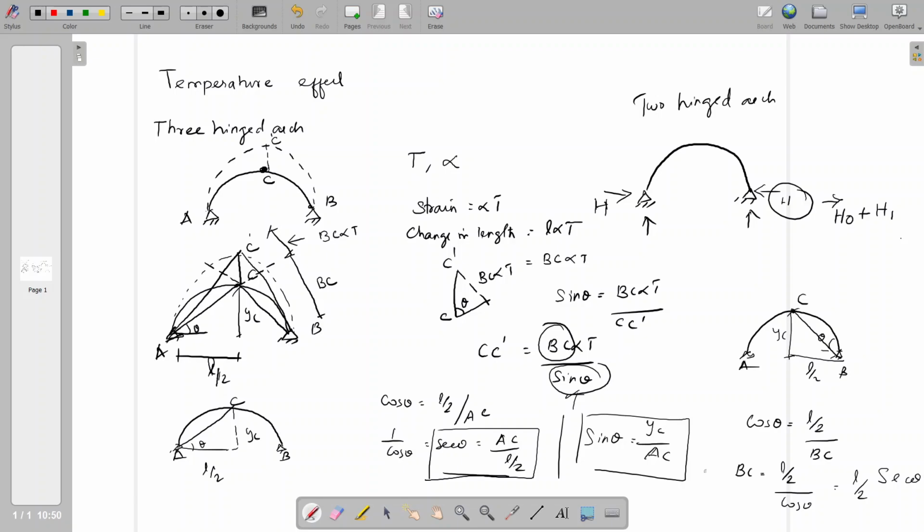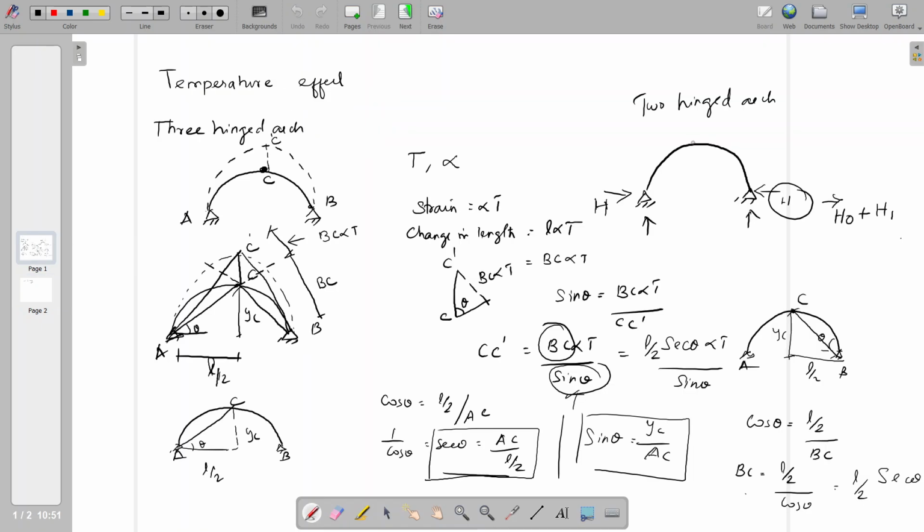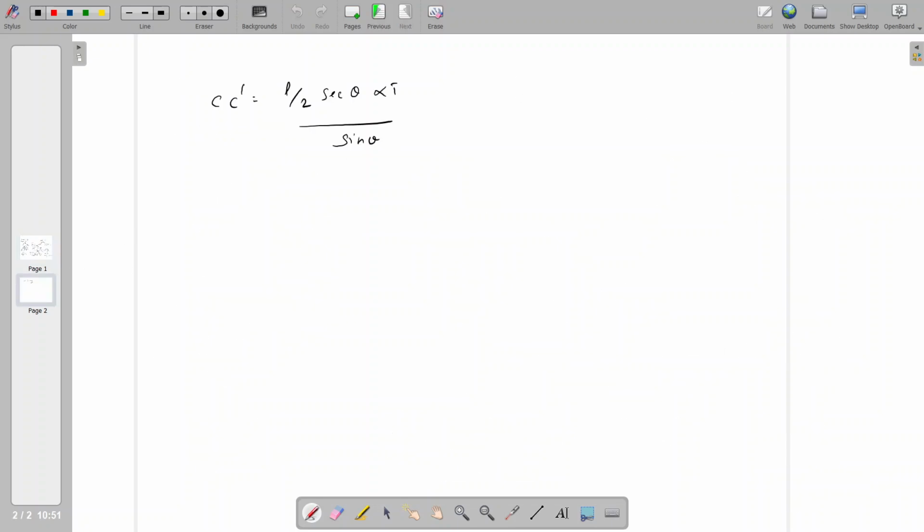So BC equal to L by 2 secant theta. Here I can replace BC with L by 2 secant theta, alpha T by sin theta. On the next page I am going to rewrite this. C C dash equal to L by 2 secant theta alpha T by sin theta. From the previous page, secant theta equal to AC by L by 2, sin theta equal to YC by AC.